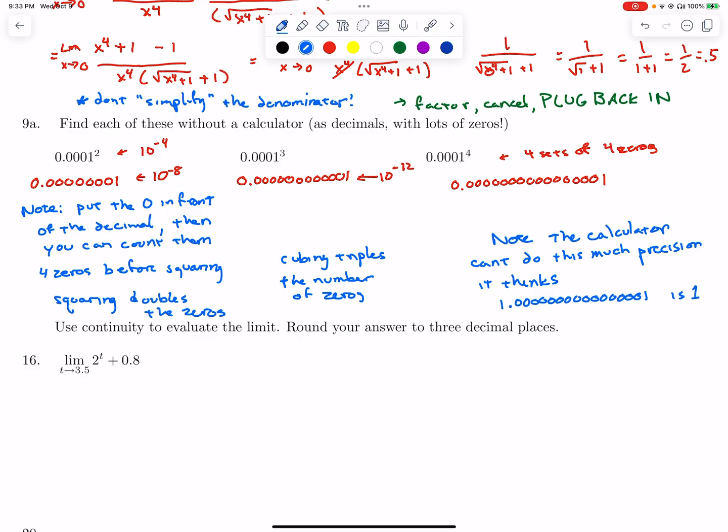So that's why it gets round off error. It can't deal with that much precision. And so problem 9 on the homework is actually messing around with that.